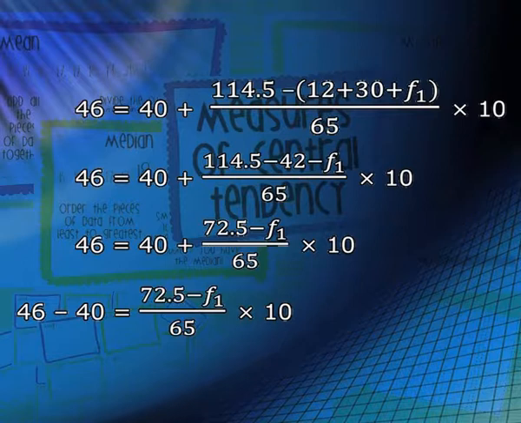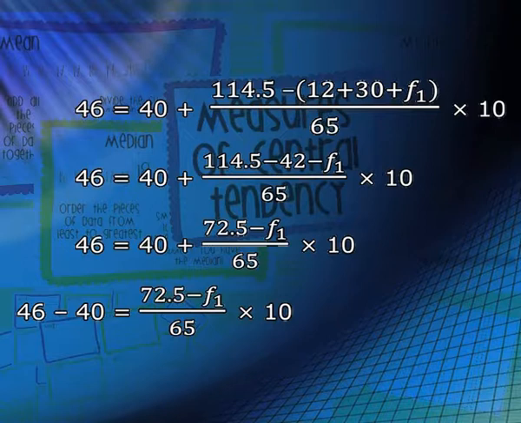114.5 minus 12 plus 30 plus F1, the whole thing divided by 65 into 10. So that implies 46 is equal to 40 plus 114.5 minus 42 minus F1, the whole thing divided by 65 into 10. So that implies 46 equals to 40 plus 72.5 minus F1 divided by 65 into 10.